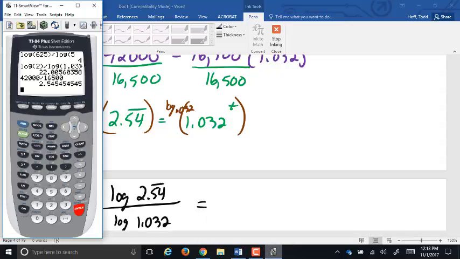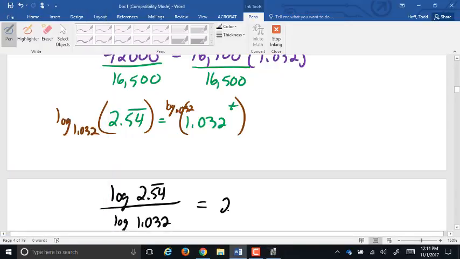So on my calculator, I'm going to do log, and then so I don't have to type that back in, most calculators have an answer key. So I'm going to do second answer to have the calculator pull in that answer, divided by log of 1.032, and I get 29.66.